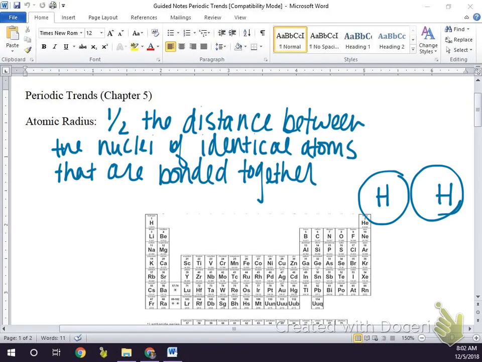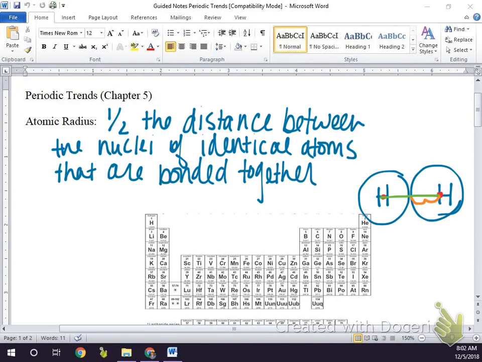So the distance or the atomic radius that we're talking about: here's the nucleus of one hydrogen atom, here's the nucleus of another. If I connect that, that's the distance between the nuclei, which means the atomic radius is half that distance. It's essentially the distance from the nucleus to the edge of one of the atoms.